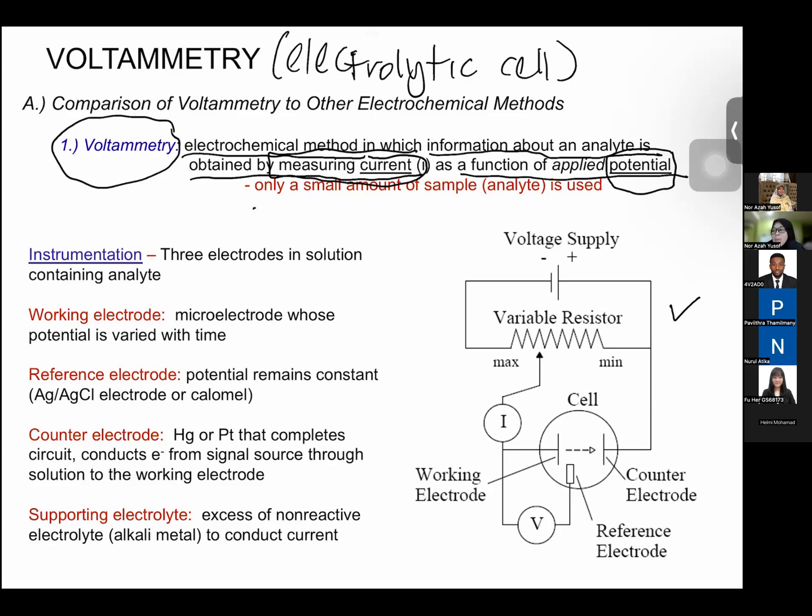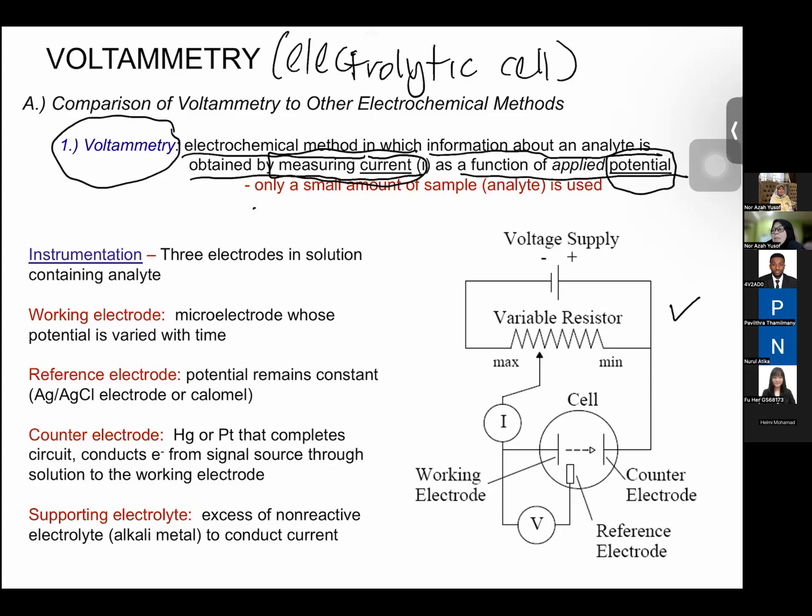The keywords are: voltammetry is an electrochemical method, only one of many. Information, meaning quantitative and qualitative information about the analytes we are interested in, is obtained by measuring current.